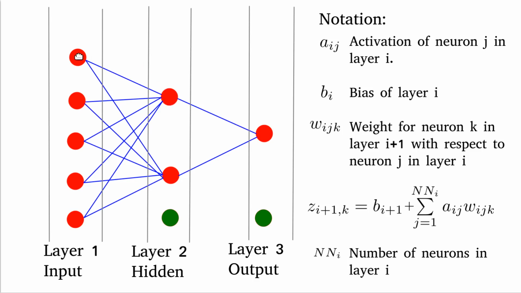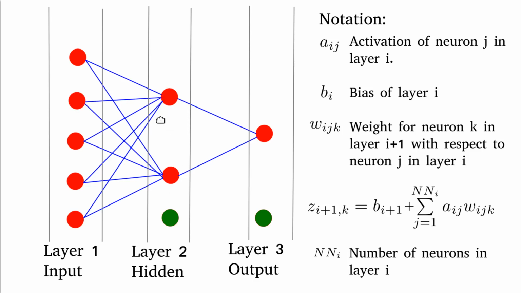This one connected to this one would be weight W112. Get it? 112. And in this case, for this one connecting to this one, it would be W121, because it's layer 1, neuron 2 connecting to neuron 1 in layer 2.